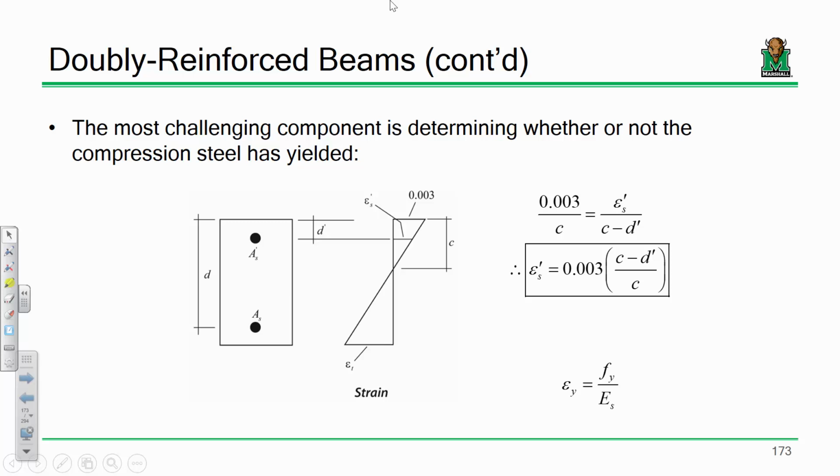So if the compression steel yields, the force is pretty easy. But if it doesn't yield, then I propose that the stress in the steel, instead of being Fy, is going to be E times the strain. In other words, if my strain is smaller than that, then the stress is just the slope times the x value.